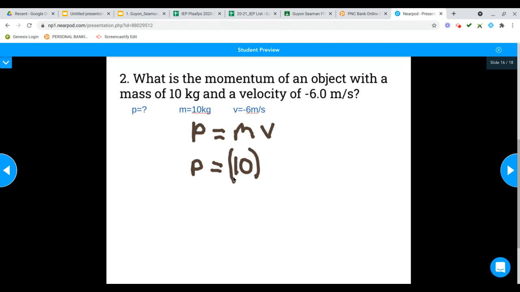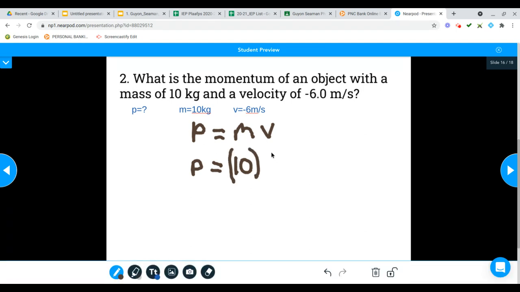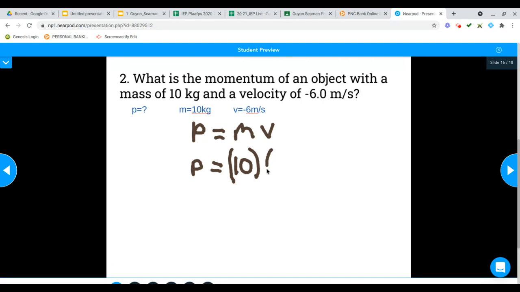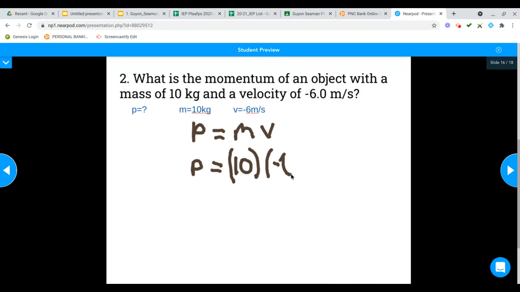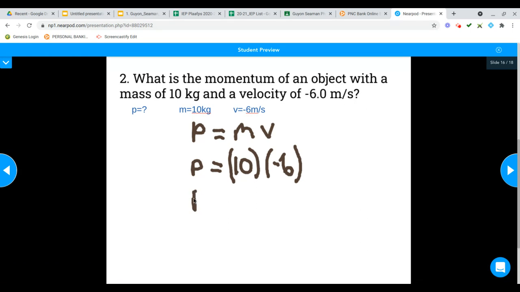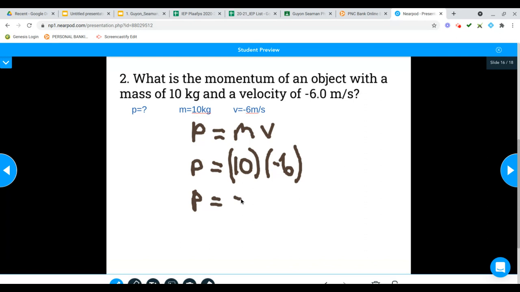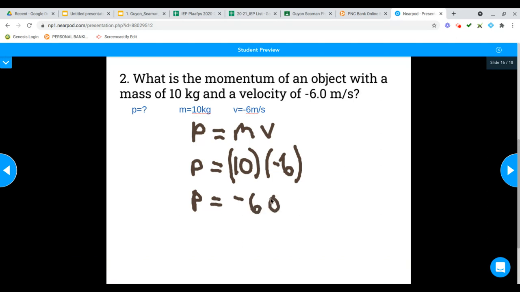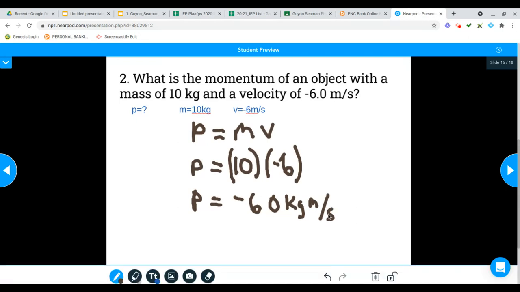I'm going to put my parentheses around it, and then I've got my V. Okay, my V is -6. It's an ugly 6, but that's all right. Okay, and now I've got my P equals 10 times -6, which is -60 kilogram meters per second.